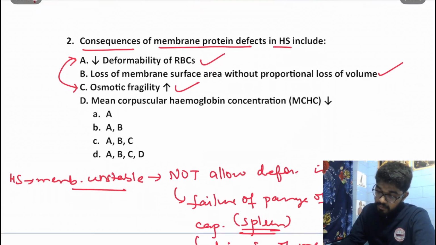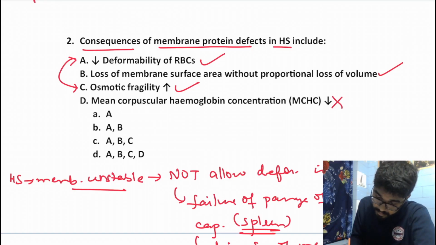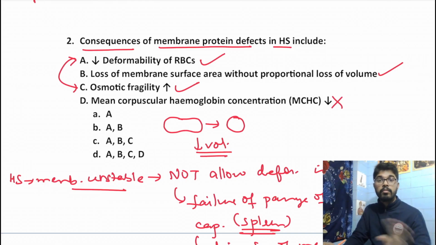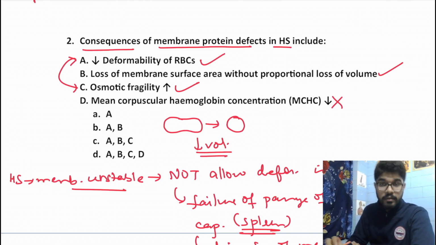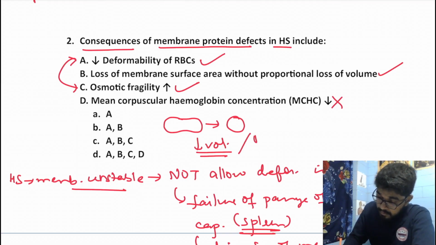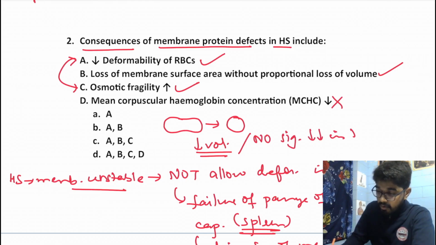Next, the mean corpuscular hemoglobin concentration decreases. Now, this is a false statement. Why? Because your RBC converts from this to this, and there is a decrease in volume. Although the decrease in volume is less than that of the surface area, the absolute volume decreases. But there is no significant decrease in hemoglobin.